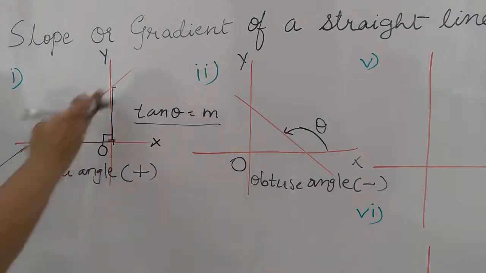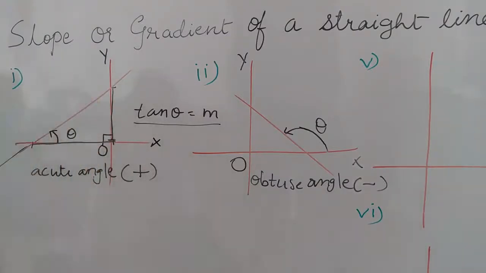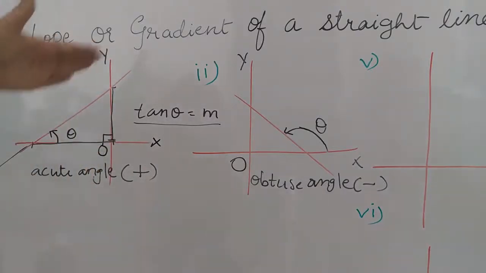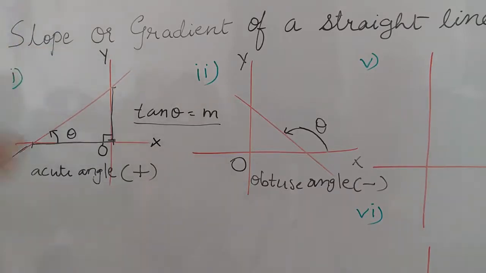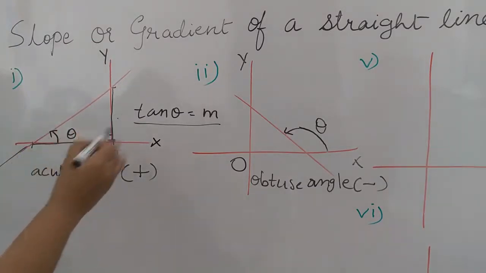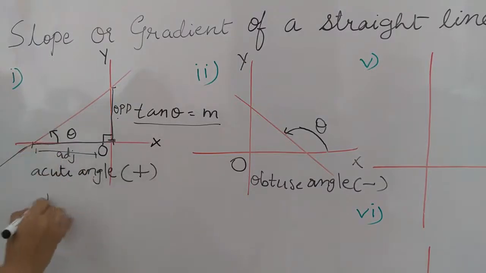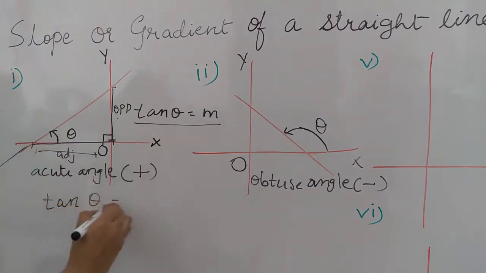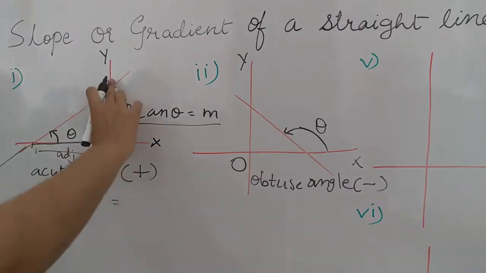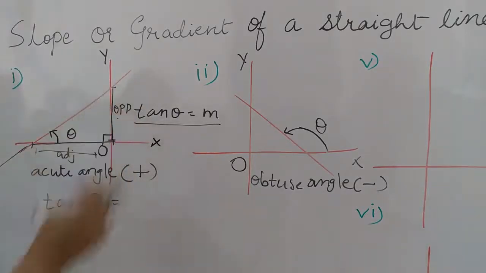If these are not there, then how will this hypotenuse lie? It means how will this slope form without these two lines? So you can say that tangent means opposite upon adjacent. So this is opposite and this is the adjacent side. Accordingly this theta, tan theta, is the slope forming for this, actually this is the y-intercept and this is the x-intercept.